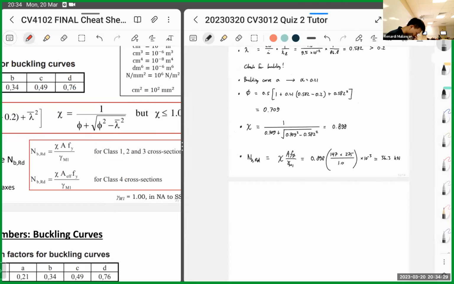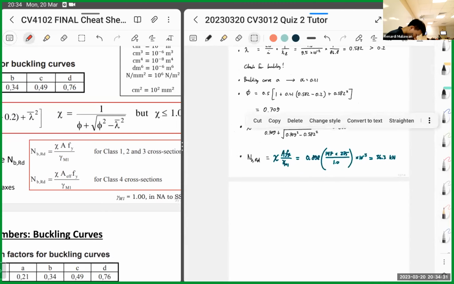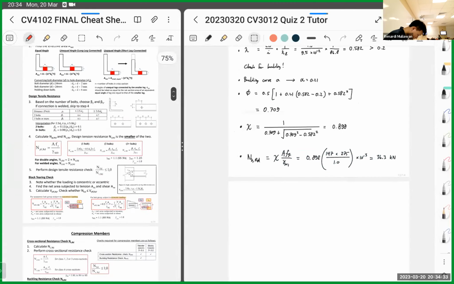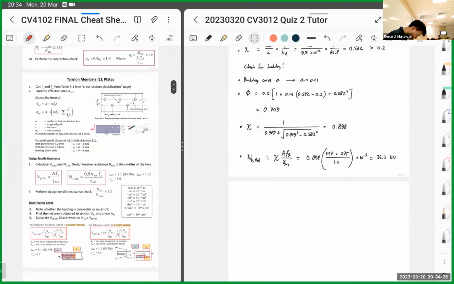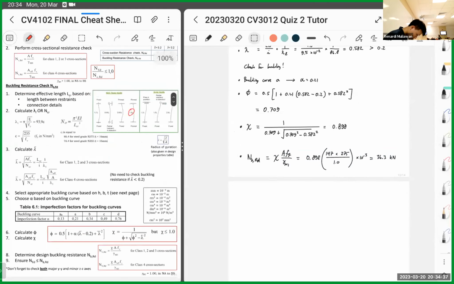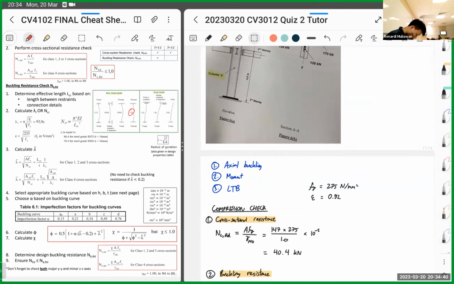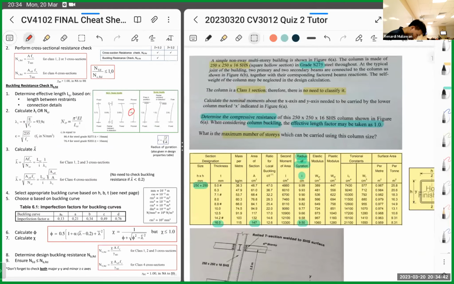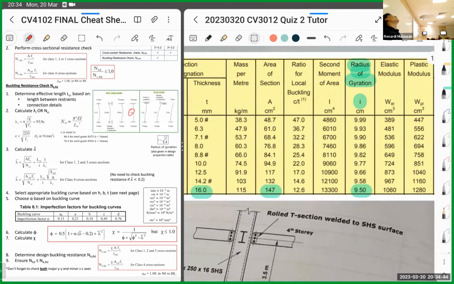Why is it very low actually? Something is wrong here. Give me a second, let me check. Cm squared. Oh, okay. Be careful, always check the units. No wonder.